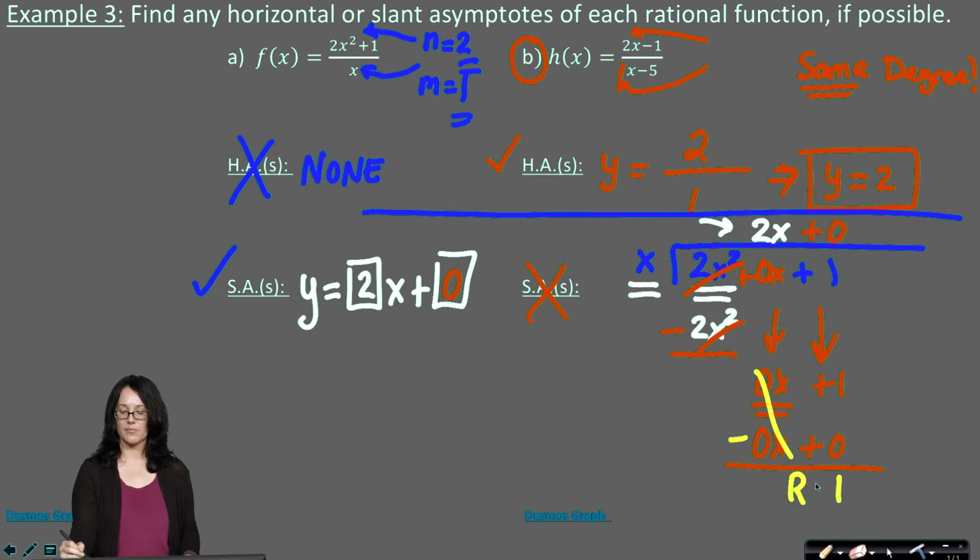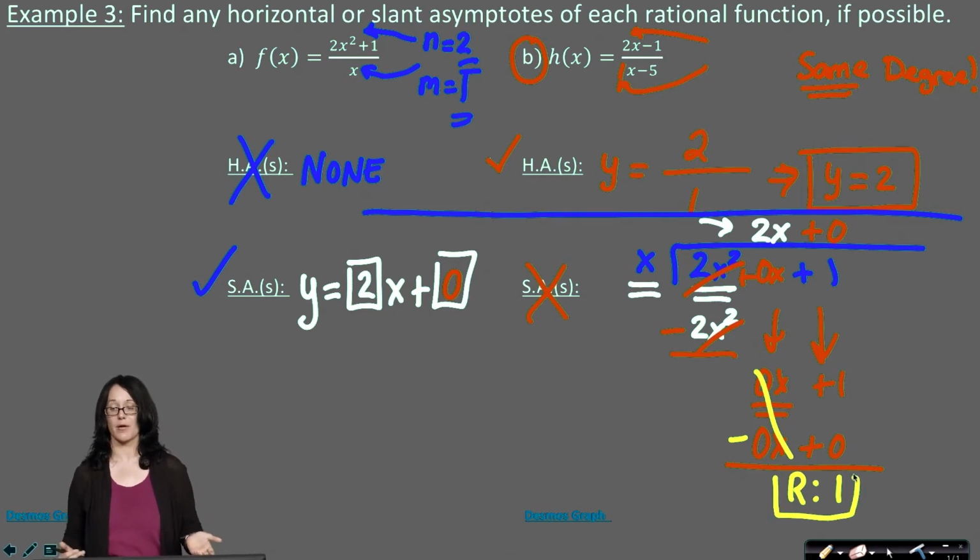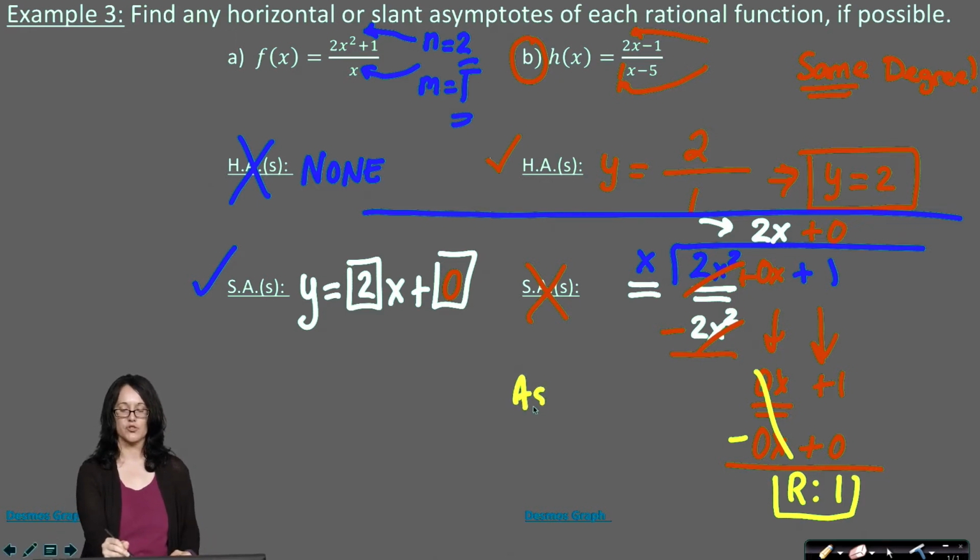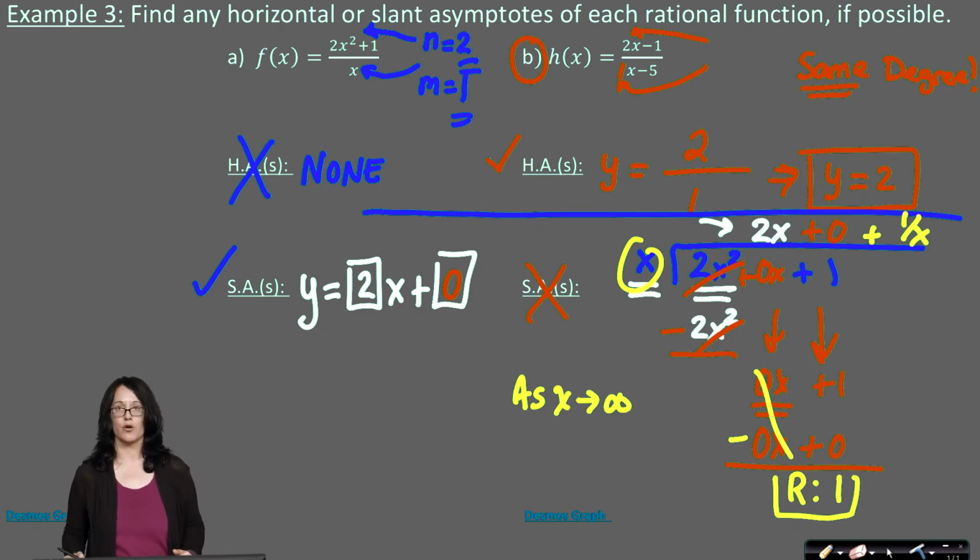Now, this is the problem some students struggle with. What do I do with that remainder? Normally, you have to talk about a remainder, right? But if the whole point of this is to say what is happening at the extremes, that's what we're talking about. As x approaches infinity, what's happening? Normally, you would have said, take my remainder and put it over whatever's in front, right? But what would happen as you allowed x to get bigger and bigger? 1 divided by 100, 1 divided by a million, a billion, a trillion.